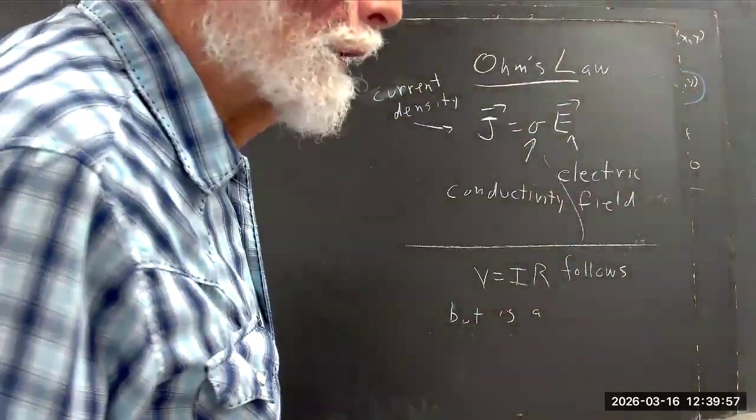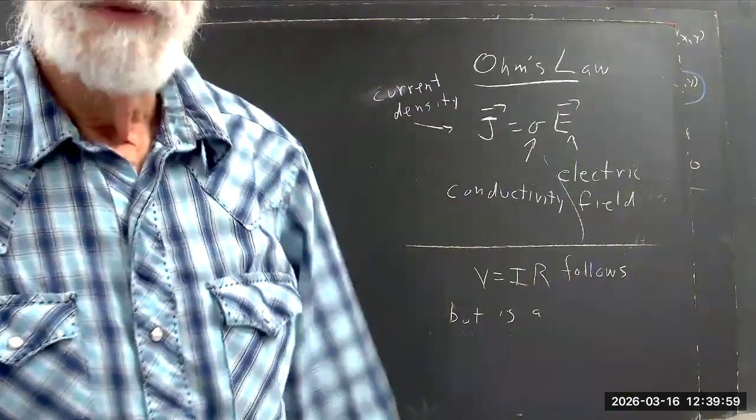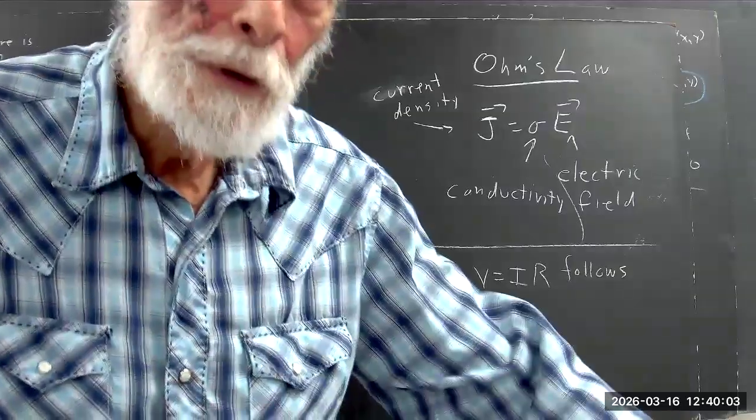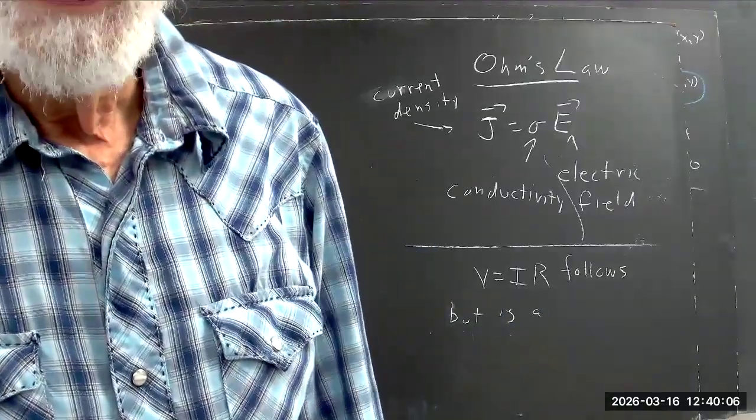The V equals IR thing follows. That's the Ohm's law most people learn. That's Ohm's law restricted to currents and wires and stuff.